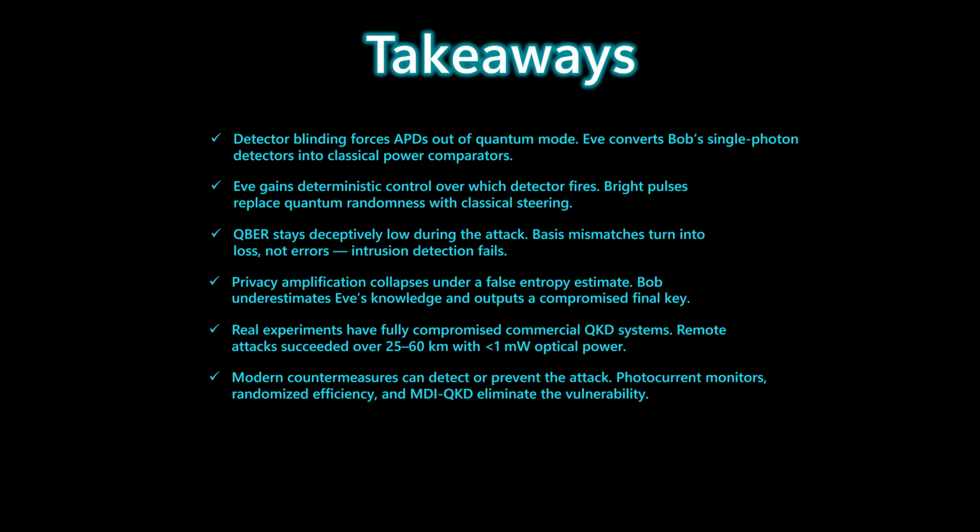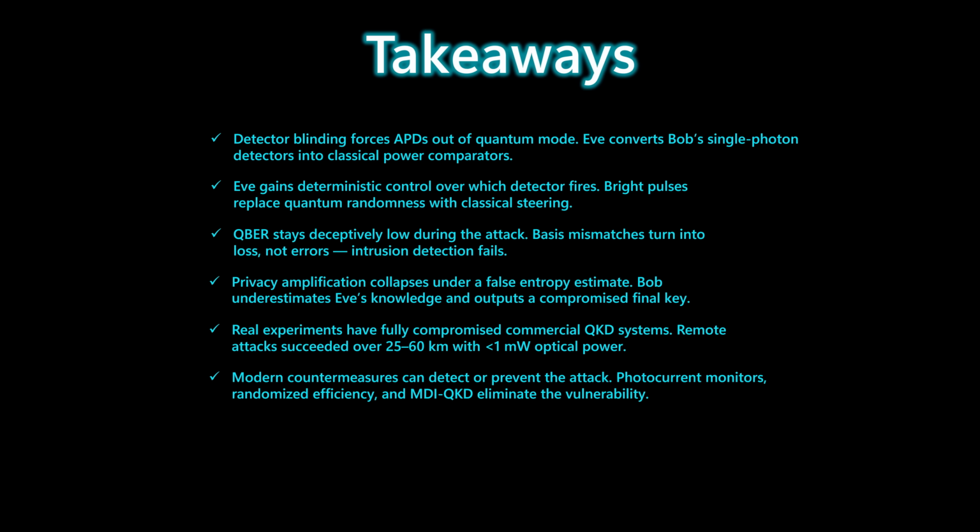This feeds directly into the privacy amplification step, where a false entropy estimate causes the system to compress far too little, producing a final key that Eve still fully knows. These aren't theoretical vulnerabilities. Real experiments have completely compromised commercial QKD systems over tens of kilometers of fiber using less than a milliwatt of optical power, all while reporting normal error rates and normal key throughput.